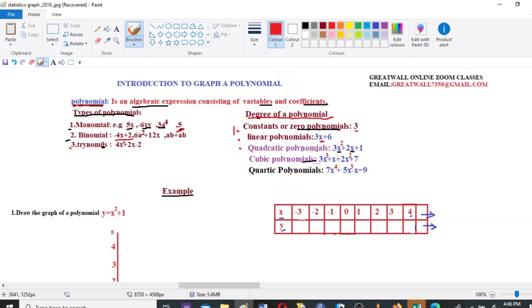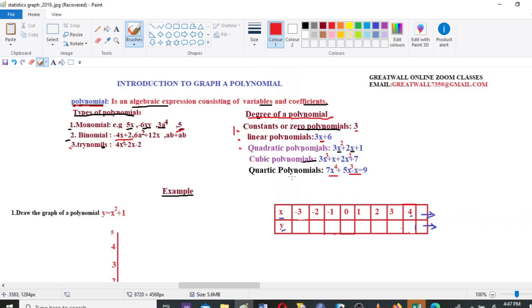Then we have the cubic polynomials, where the highest power is 3. For quartic polynomials that's 4. There may be a number of variables, but we look at the highest power among the variables.